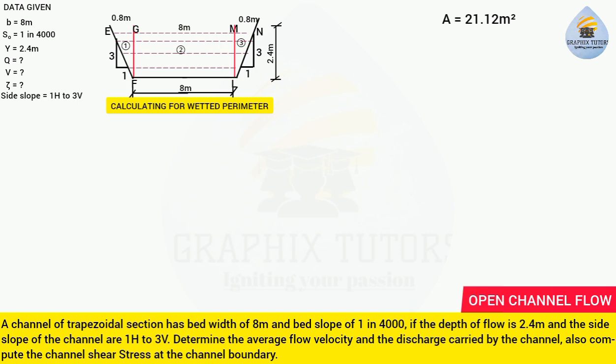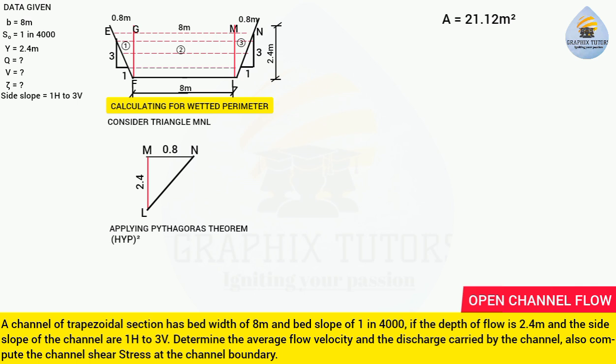Now, calculating the perimeter, look at this closely. If I consider triangle MNL, I bring it out. We know that ML, which is the depth, is 2.4, MN is 0.8, and we're looking for LN. So we apply the Pythagoras theorem: the hypotenuse squared, LN squared, equals the square of the opposite plus the square of the adjacent.